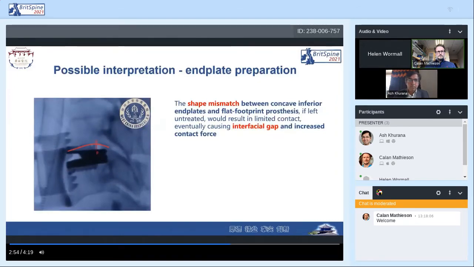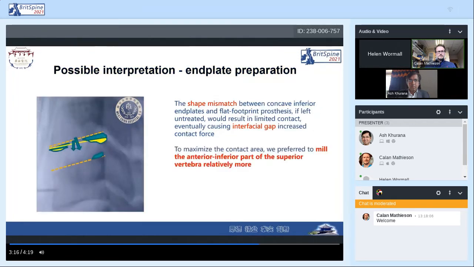We speculated the endplate preparation may be the possible interpretation. Mismatch in shape between concave endplate and a flat footprint prosthesis would result in limited contact, eventually causing interfacial gap and increased contact force. Thus, to maximize the contact area, we preferred to mill the anterior inferior part of the superior vertebra relatively more.